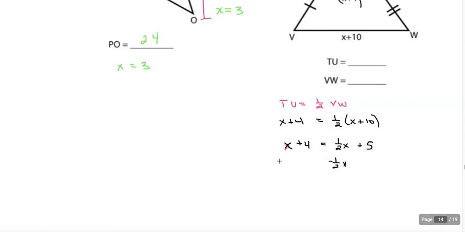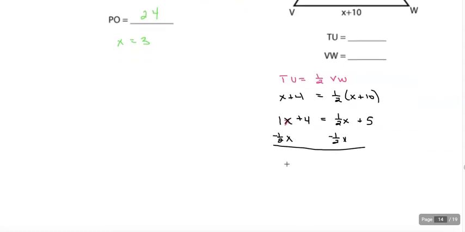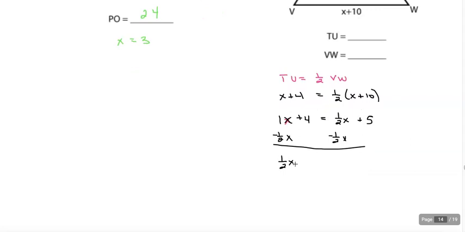Subtract 1/2 x from both sides. So 1x minus 1/2 x is 1/2 x. Subtract 4 from both sides. I got 1/2 x equals 1. And I'll finalize this by dividing each side by 1/2, and I get x is equal to 2. There's 2 halves in 1. So I got x is equal to 2.